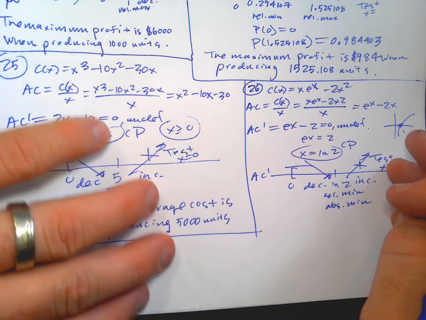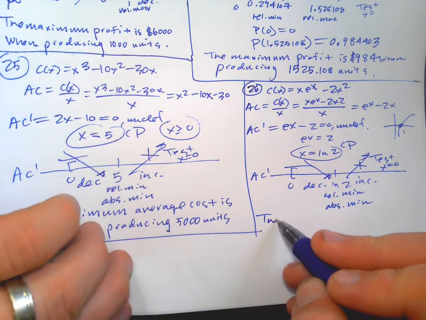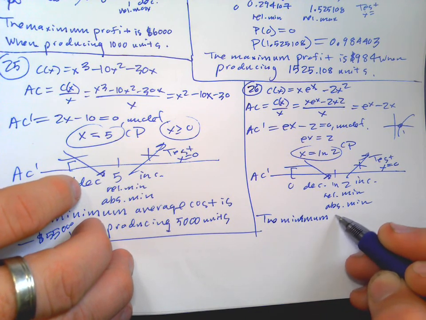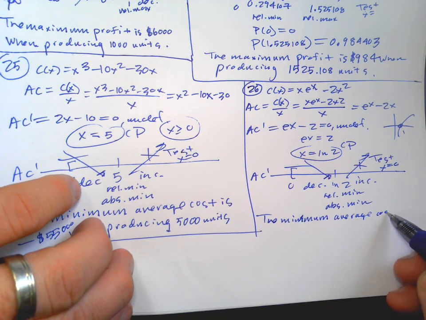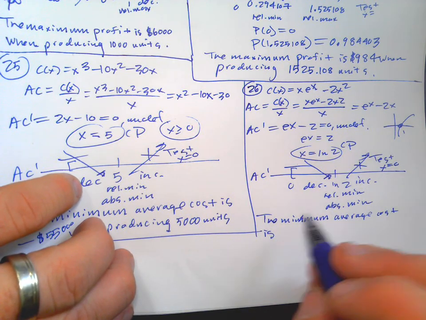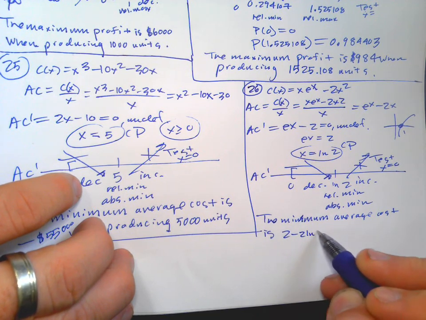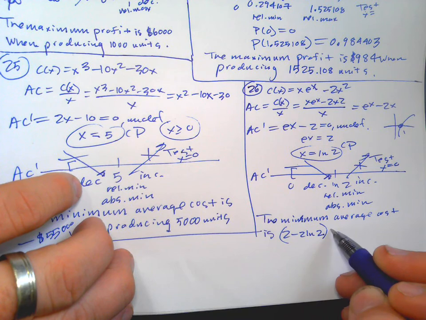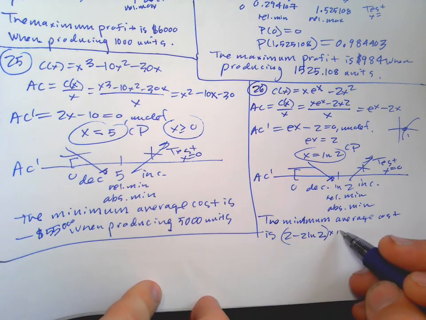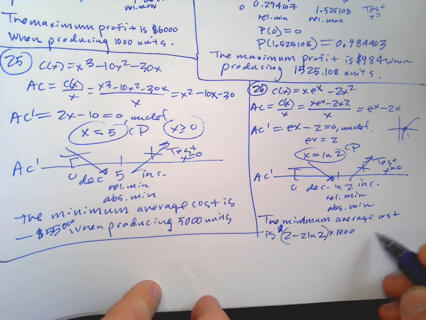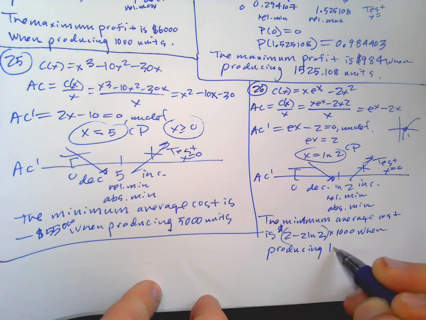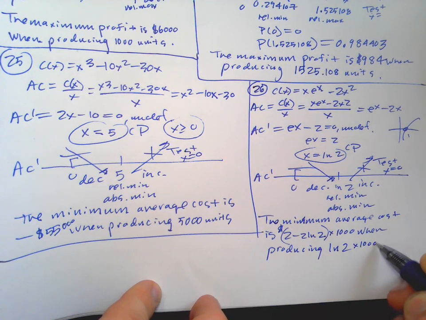So when we say the minimum average cost is, plug natural log of 2 in here, you get 2 minus 2 natural log of 2, times, this one's also in thousands, thousands of dollars when producing natural log of 2 times 1,000 units.